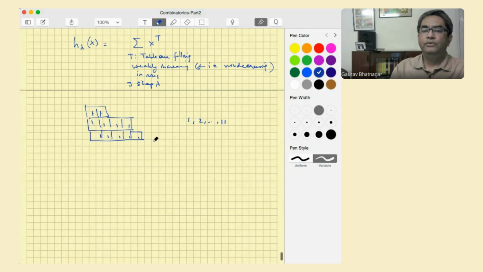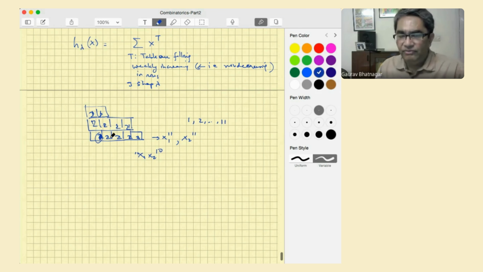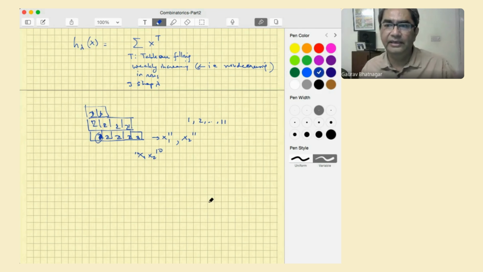If you do this, you'll get x1 raised to 11. And if you fill all twos, you will get x2 to the 11. And if you have some ones, which have to be like this, so if there is just one 2, then you get x1 to the 10 times x2. So whatever the filling, as long as it's weakly increasing, you will get a homogeneous symmetric function.